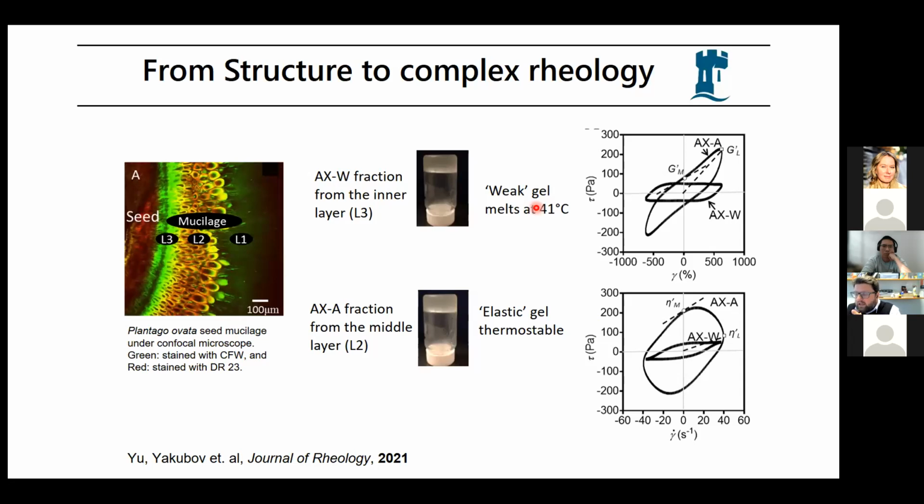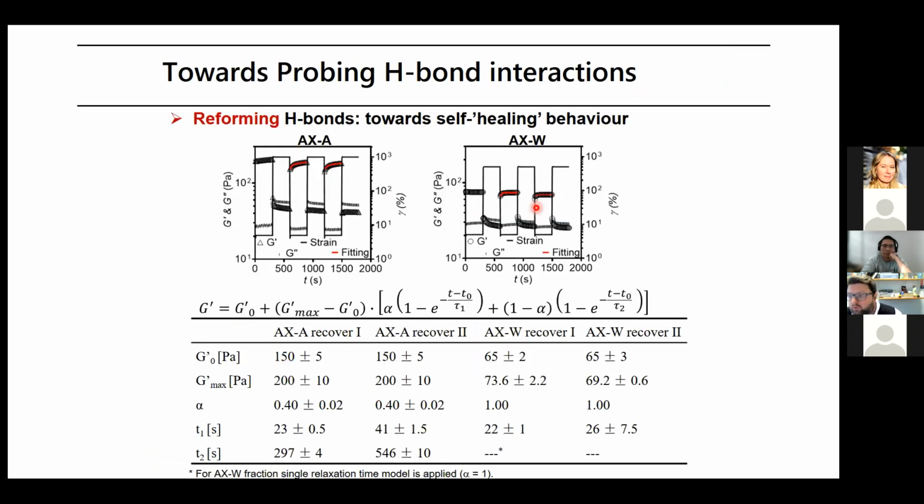So essentially, the water-soluble fraction forms a weak gel, and the alkaline fraction has these consolidating properties. And we could prove it in the step strain relaxation experiment, which enables us to determine not only the energies, which we determined from the Arrhenius plot, but the time scale for the dissociation of these junction zones. We realized that for the water-soluble fraction, there is a single mode recovery with a characteristic time of about 20 seconds.